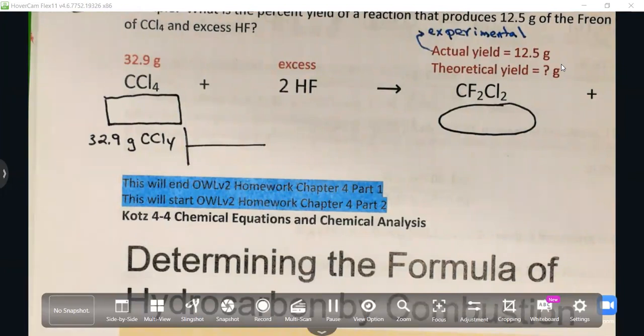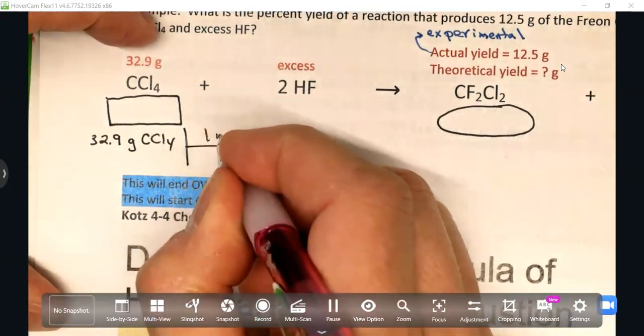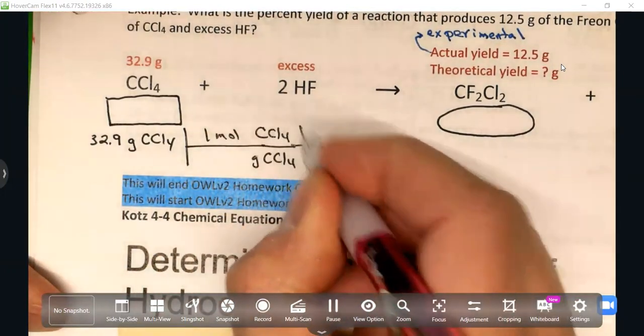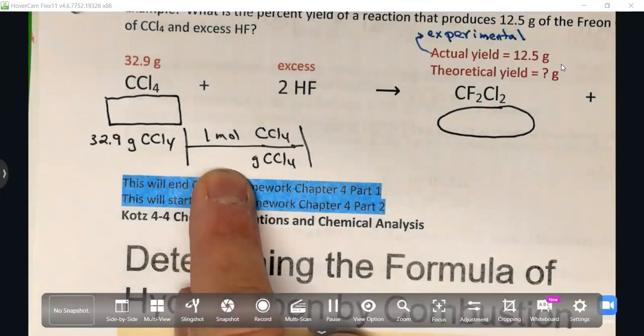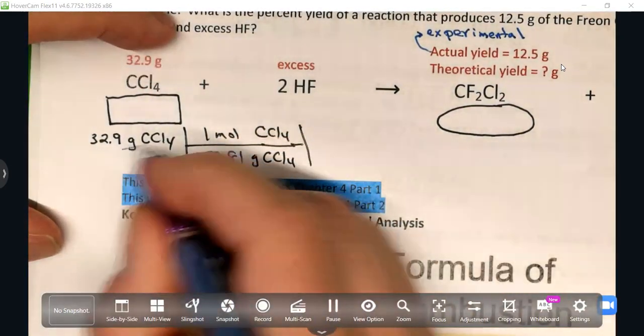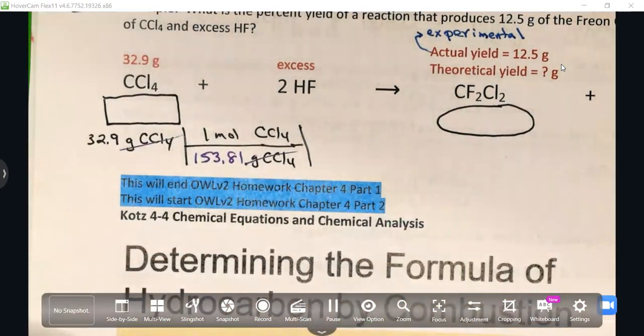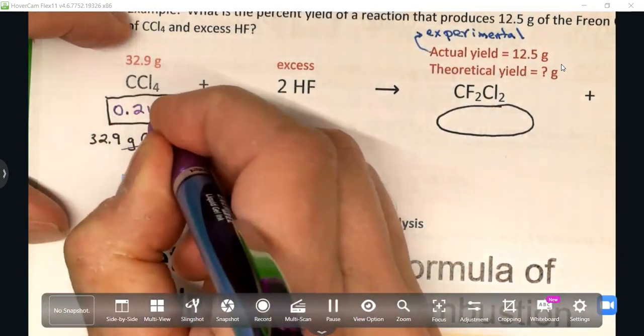How many grams per mole CCl4? 153.81. So my starting moles here is 0.2139.